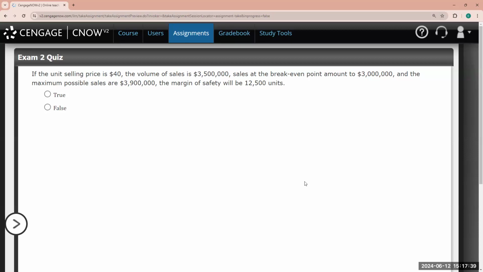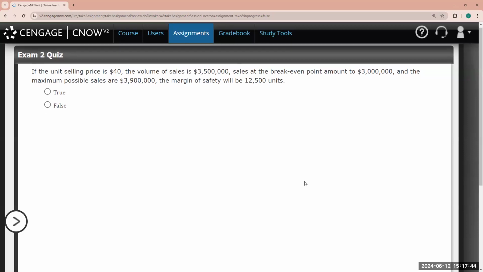So here we see our margin of safety. And in order to determine our margin of safety, as we pointed out earlier, again, we're looking at how much we anticipate to currently sell.